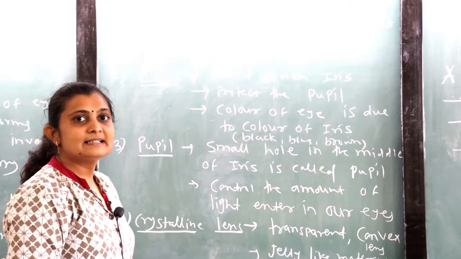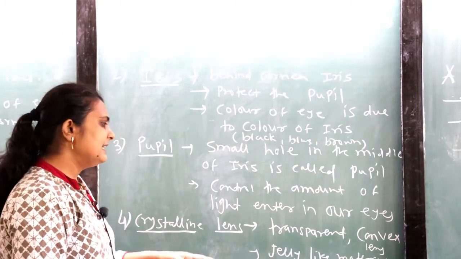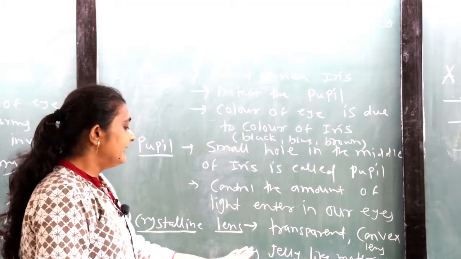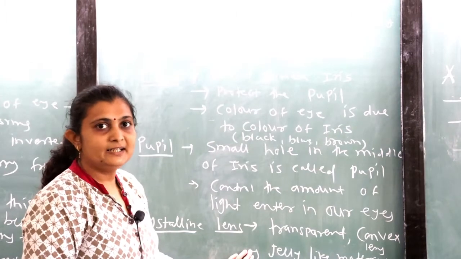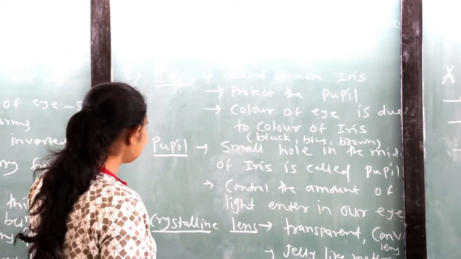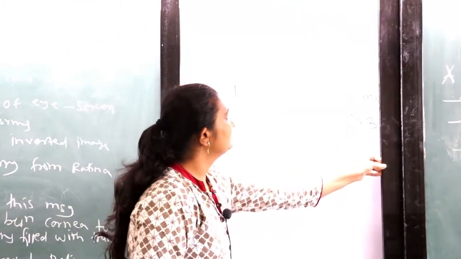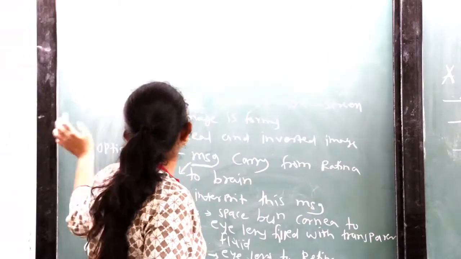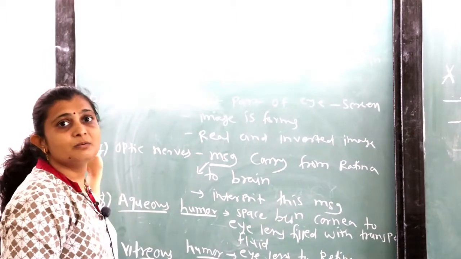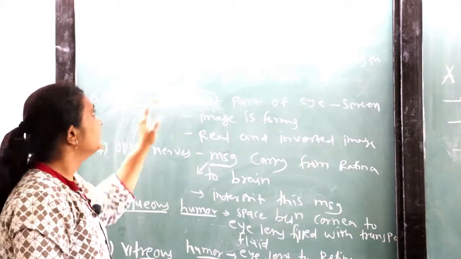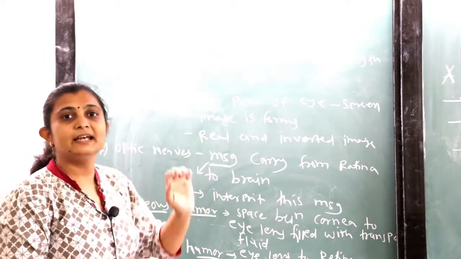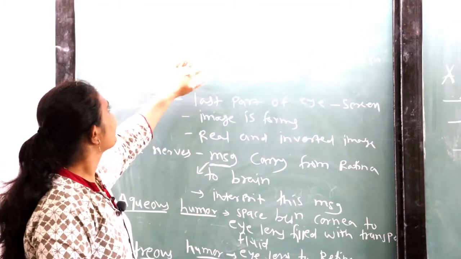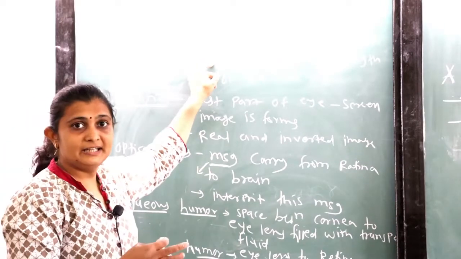Then after that is the crystalline lens. The crystalline lens is a transparent convex lens made up of jelly-like material. Next one, ciliary muscles. Around the eye lens there are the ciliary muscles. Ciliary muscles hold the lens in the proper position and function to adjust the focal length of the eye lens.